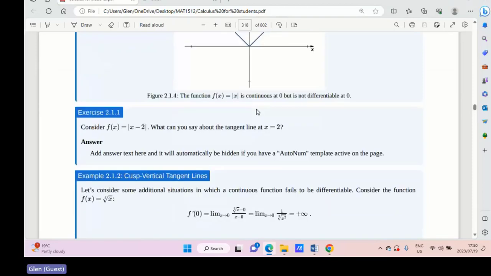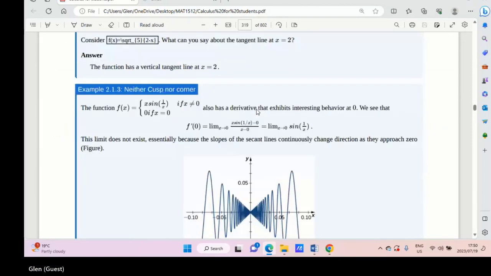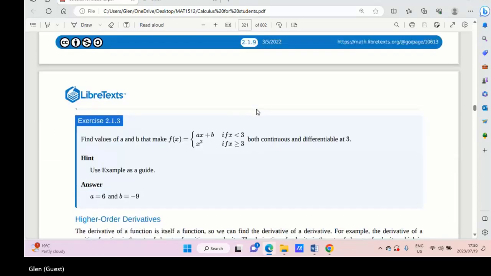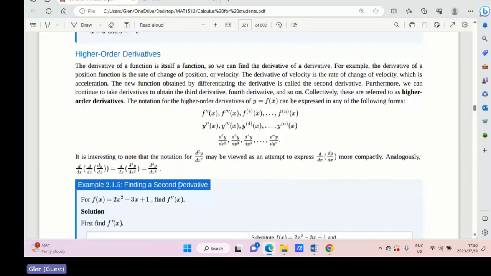Now let's go to the example. Let's look at this example. Example 2.1.5. They're saying find the second derivative of f of x, which is equal to 2x squared minus 3x plus 1.